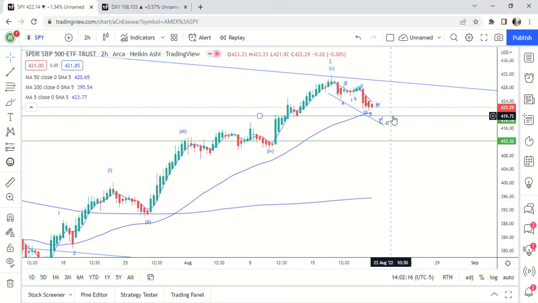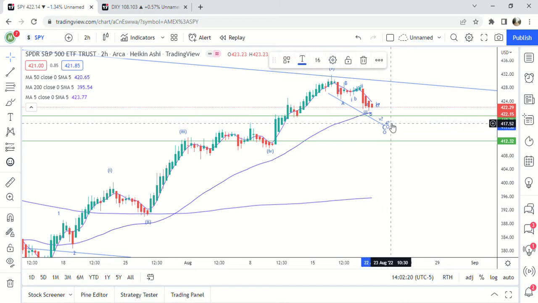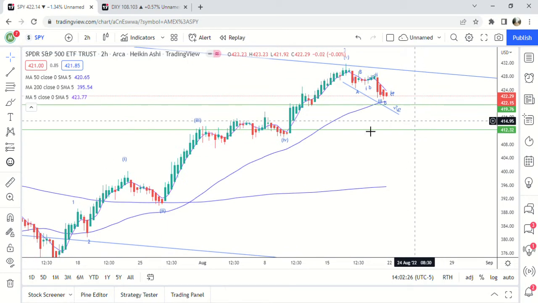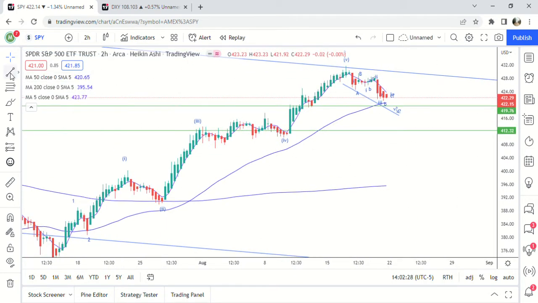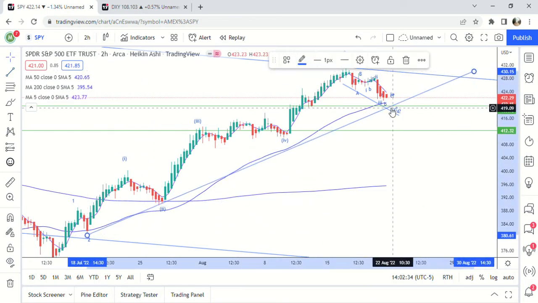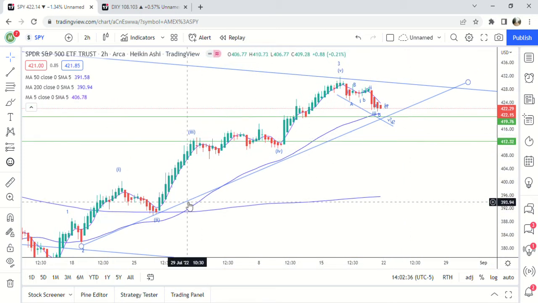I think it's more likely we hit right here, and that would end up being the overall fourth wave. And then let's say we hit 419.73 tomorrow to end the fourth wave. Clone it.